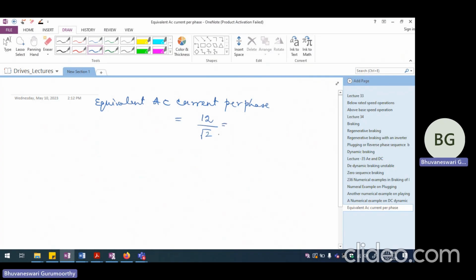That is what is the overall current. So that is something like 8.485 ampere or something like that. So this is going to be the AC RMS current per phase.